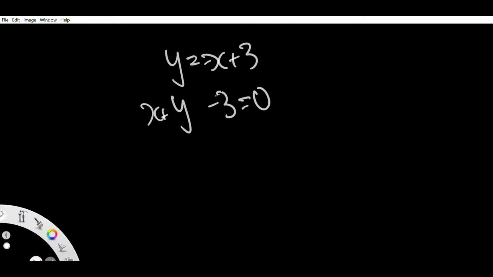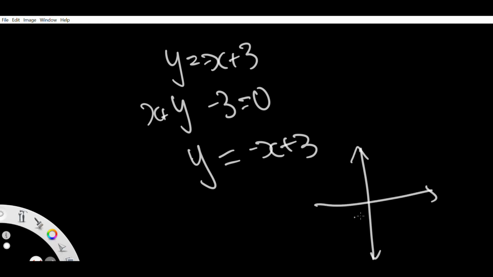These equations are the exact same. The only difference is the way they are written. Suppose we simplify this one as well into slope-intercept form. We have y is equal to negative x plus 3, which is the same exact function. And if we looked at the graph without even solving for them, we would still get the same line, which looks something like this.